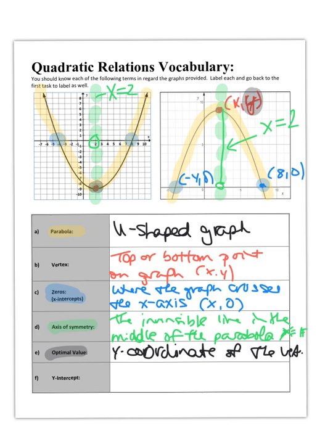And then the last one is the y-intercept. We have our zeros, which were the x-intercepts, and so we have our y-intercept. Let's get a nice color here. Purple. Okay, so our y-intercept is where it crosses the y-axis. Right here on the first one, I'm at -8, and on the second one, I happen to be at +8.